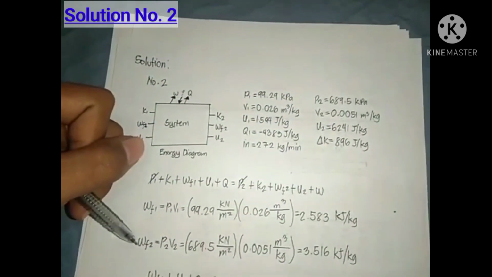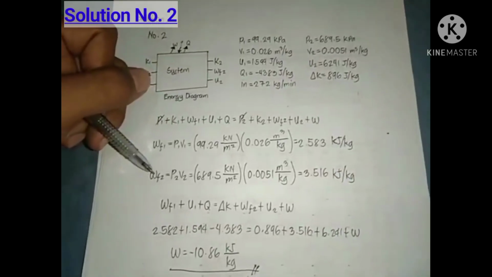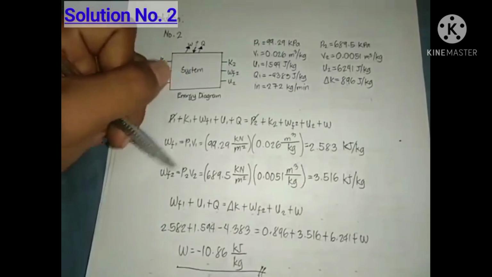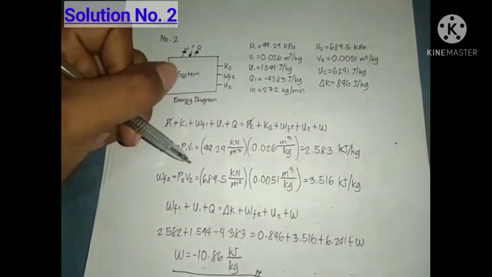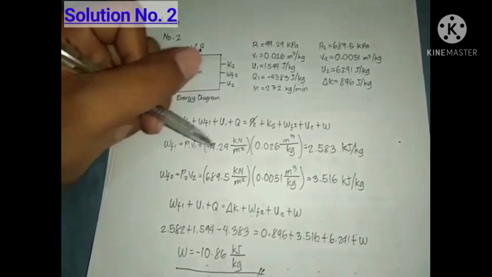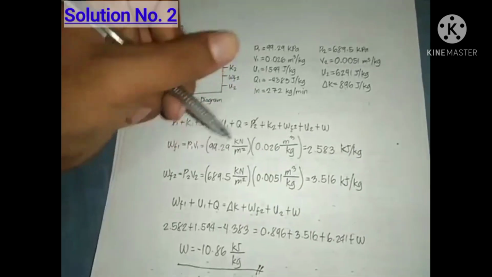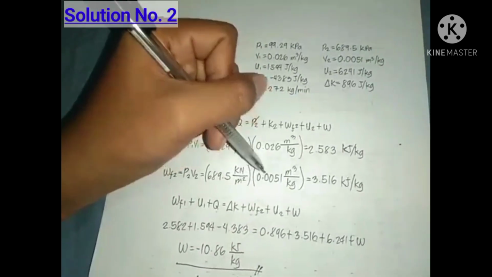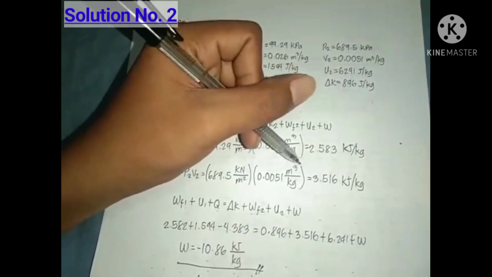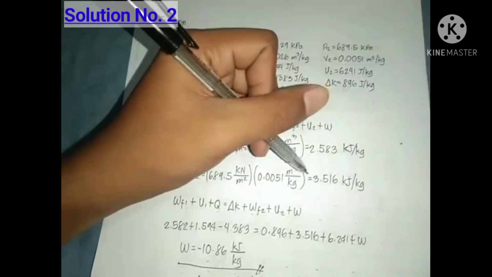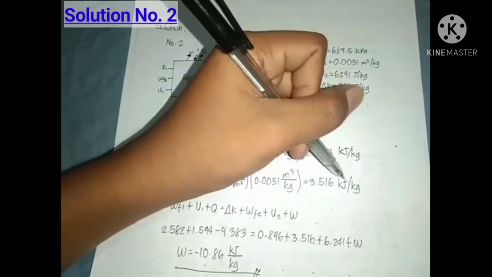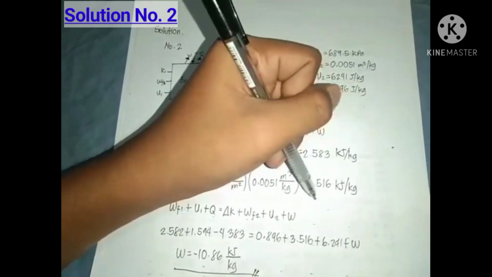To find the workflow 2, we use this formula. Workflow 2 is equal to pressure 2 times volume 2, which is equal to 689.5 kilonewtons per m² times 0.0051 m³ per kilogram, which is equal to 3.516 kilojoules per kilogram.